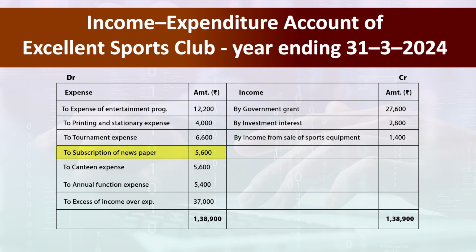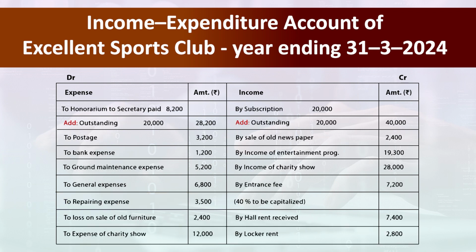The subscription of newspaper is rupees 5,600. The canteen expenses is rupees 5,600. The annual function expenses is rupees 5,400. The excess of income over expenses would be calculated later on.